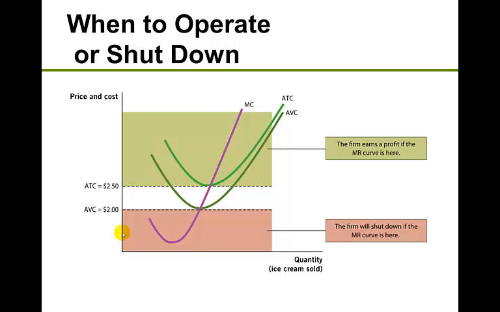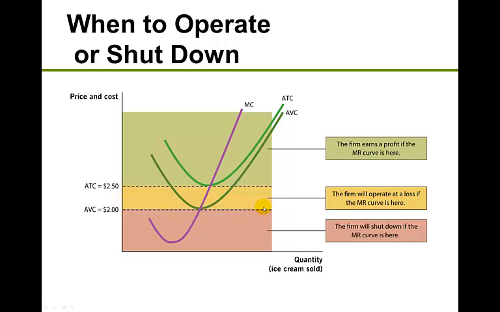So I lose less money if I temporarily shut down than if I stayed open. Anytime the price is below the minimum average variable cost, right where this line is at its minimum, my best option is to shut down. I lose less money by shutting down than I do by staying open.